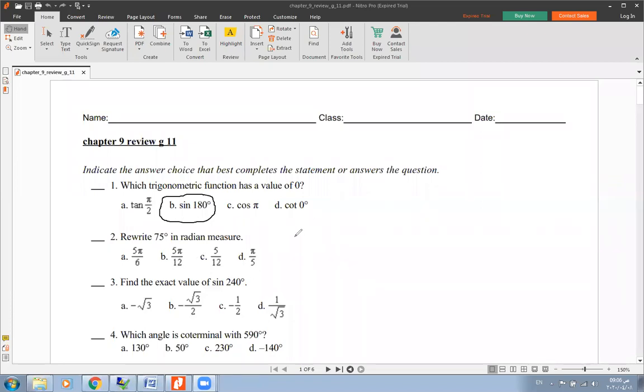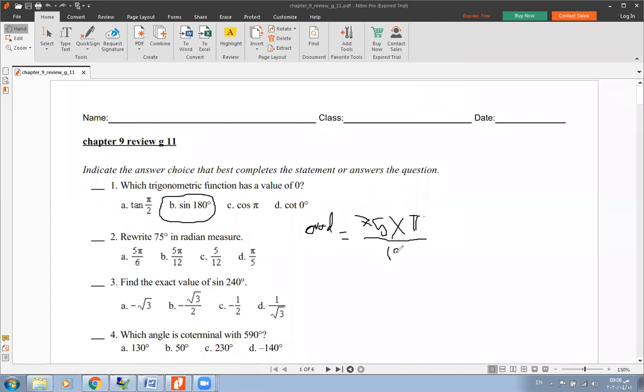We need to find the radian. Theta rad is equal to theta angle, which means 75, times pi over 180. Okay, can you calculate it?